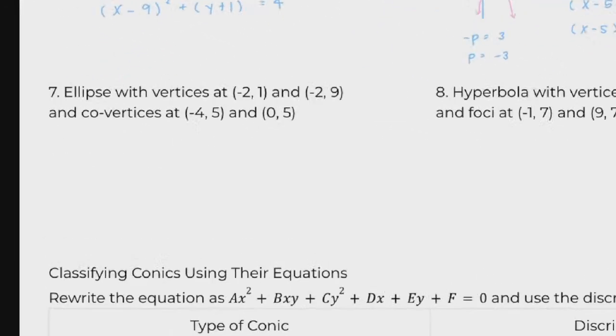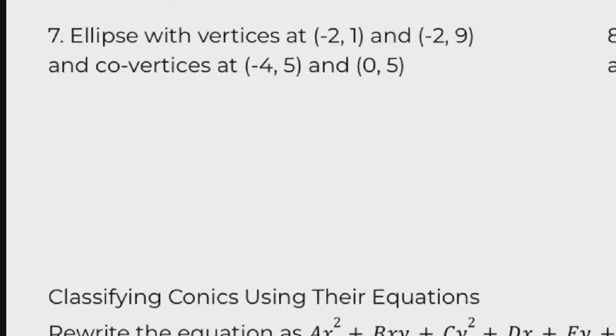Okay, next we have an ellipse with vertices at (negative 2, negative 1) and (negative 2, 9), and co-vertices at (negative 4, 5) and (0, 5). Looking at the vertices, we see that the y values changed. To find the center, we look for the middle of the vertices and the co-vertices. The middle of negative 1 and 9 would be 4.